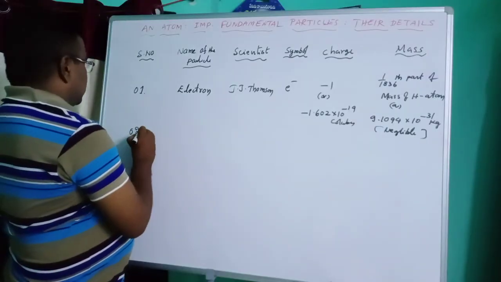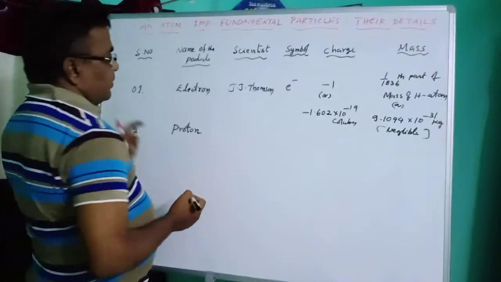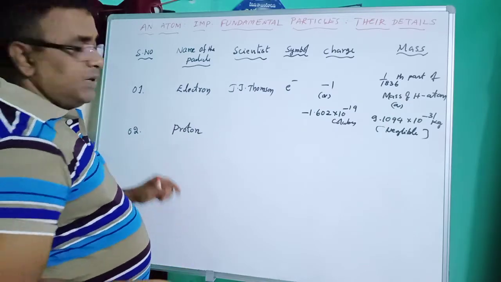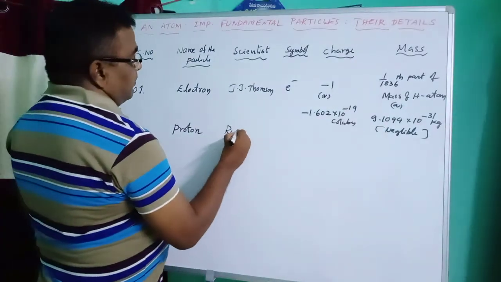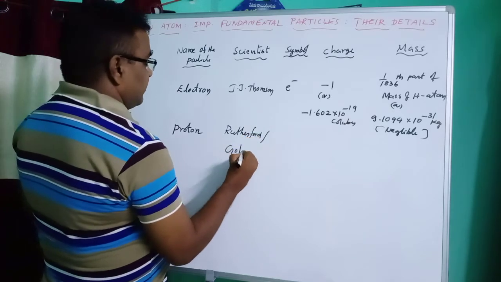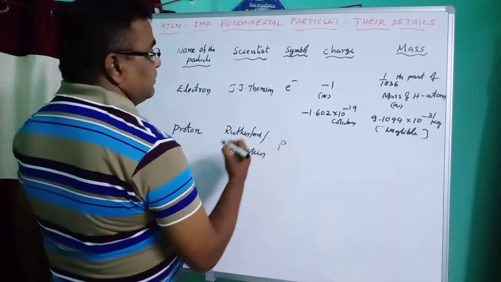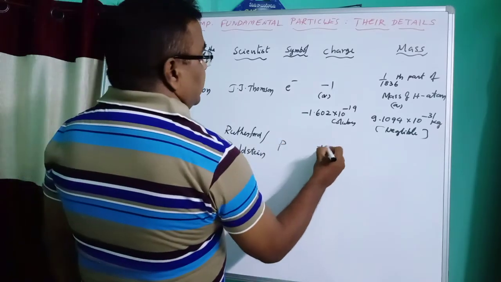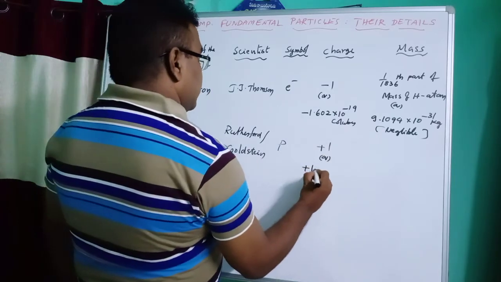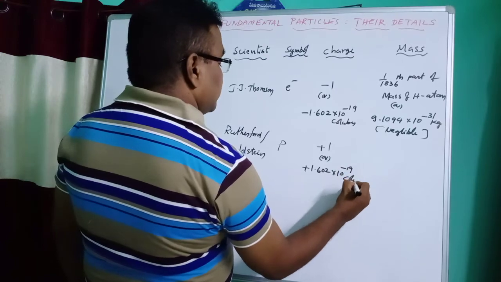Second one is proton. Proton was first proposed in the atom by Rutherford, finally discovered by Goldstein. Symbol is P. Charge is 1 unit positive, or plus 1.602 into 10 power minus 19 coulombs.